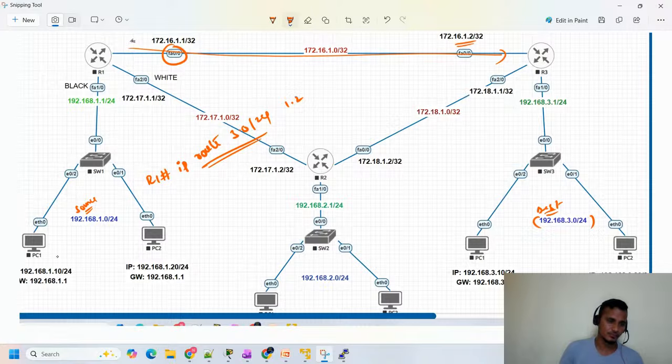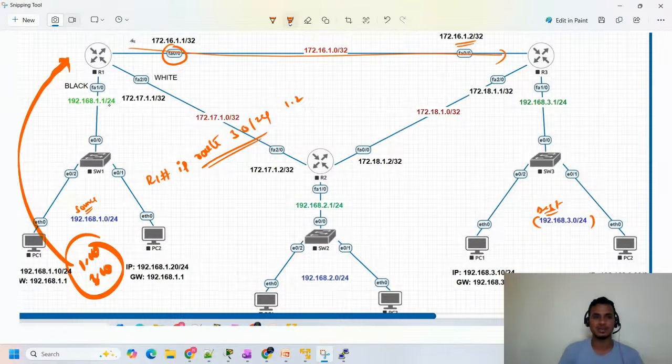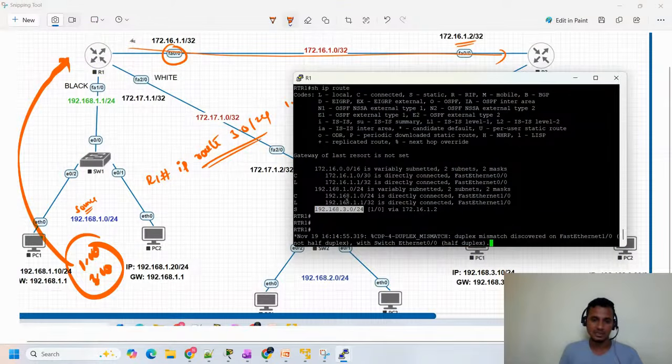So once your packet reaches here, do understand here. If your user 1.10 is trying to reach 3.10, this packet will come to the router. So the router checks the routing table. When the router checks the routing table, the router is going to see this route in the routing table, right? I have the route. Which route? I have the static route, guys.